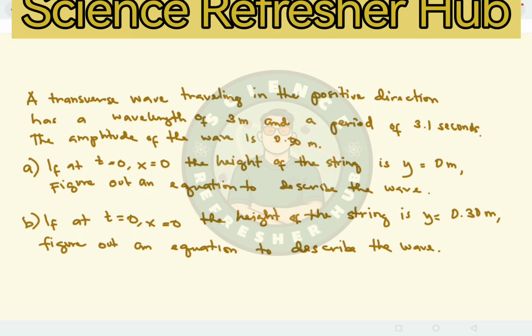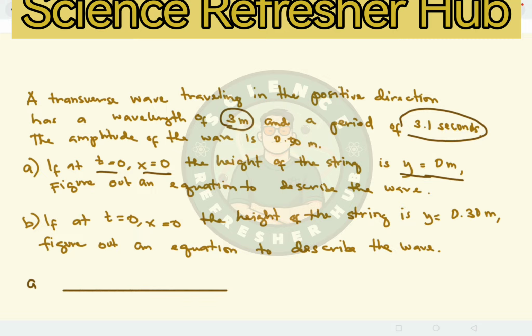All right, let's try to focus on 3 meters here. That's the wavelength or the lambda. And we have the period of 3.1 seconds. Time 0, position 0, and the y is 0. So we can definitely say that in A, this is the equilibrium. It begins with 0, the origin here, at the height of 0 also.